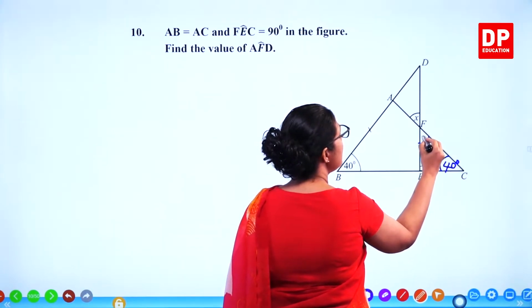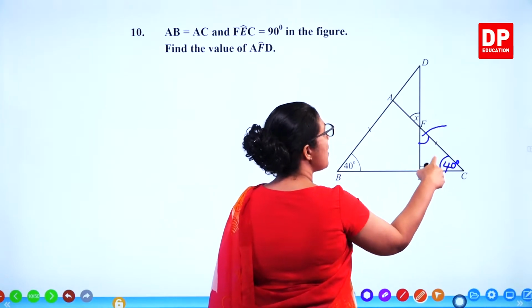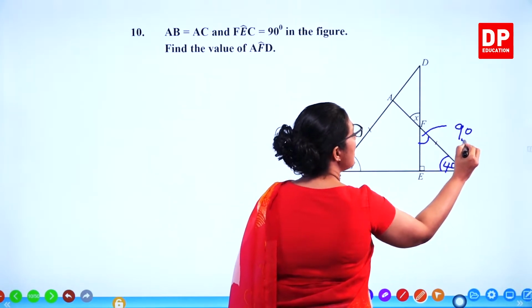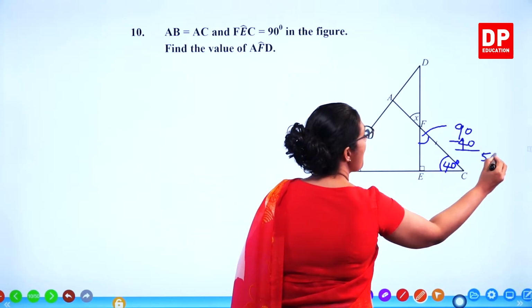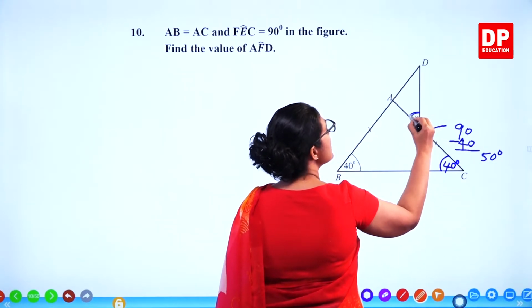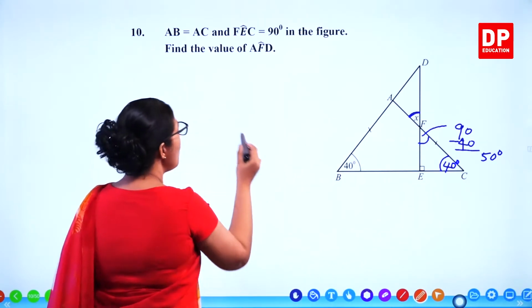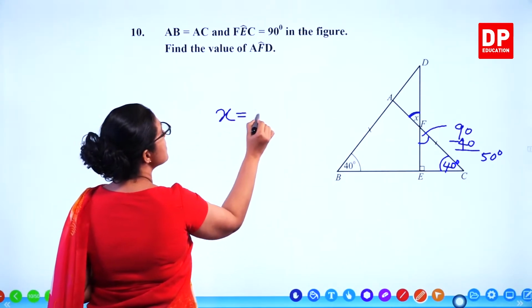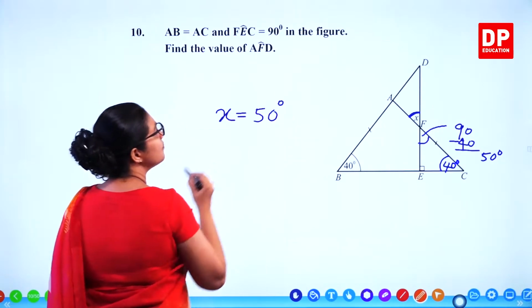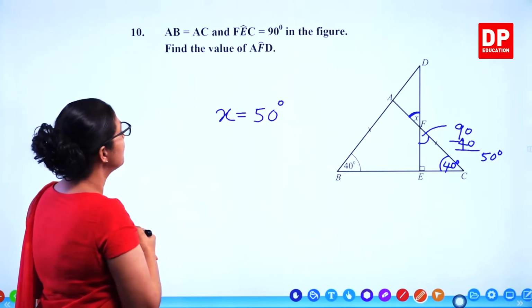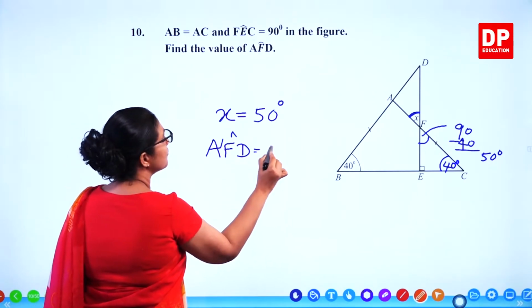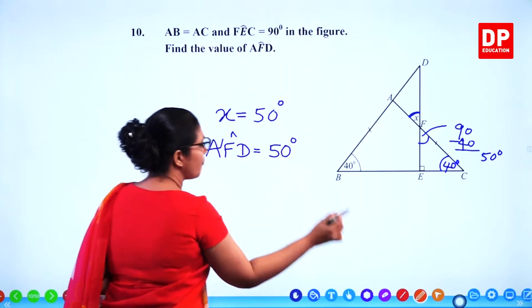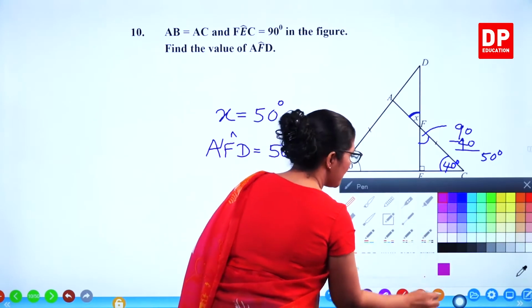What is this angle? 90 minus 40, you get 50. If this is 50, what is X angle? X is also 50. Opposite angles are equal. So that's AFD. So you get 2 marks for that.